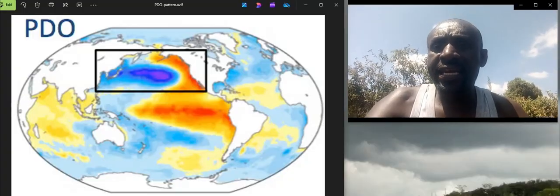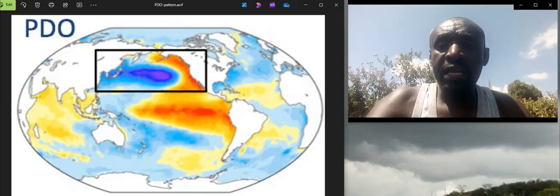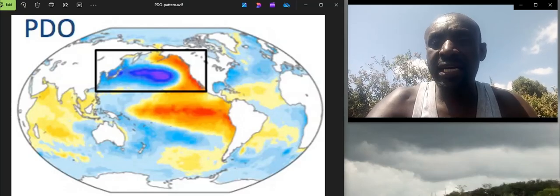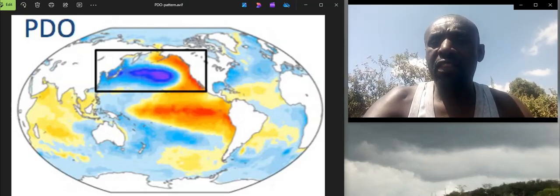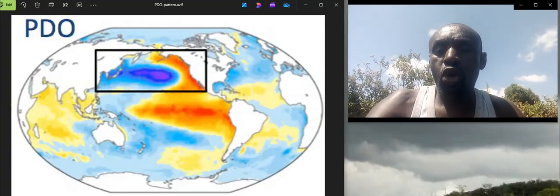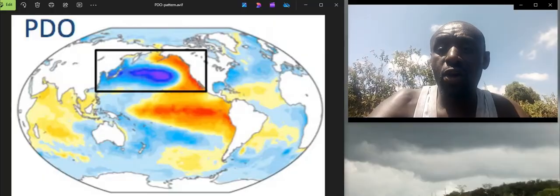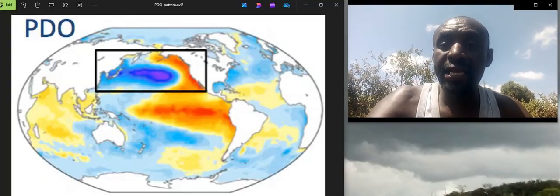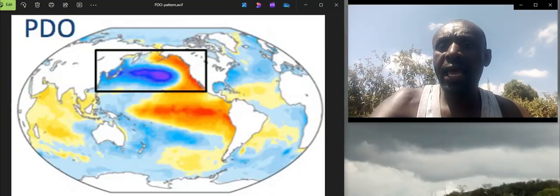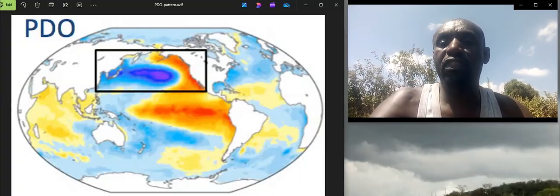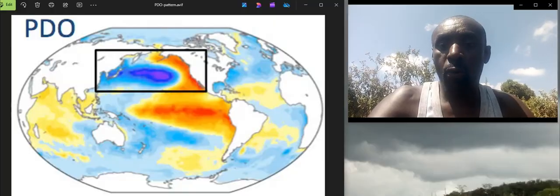The 1997 El Nino developed under the background of a positive PDO, which is why it was so extreme and remains one of the memorable extreme El Nino events.